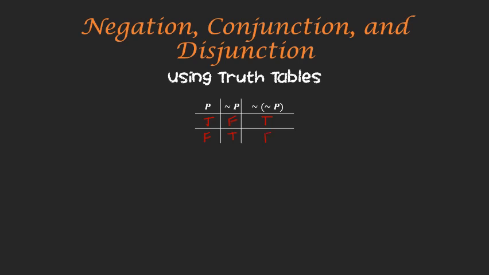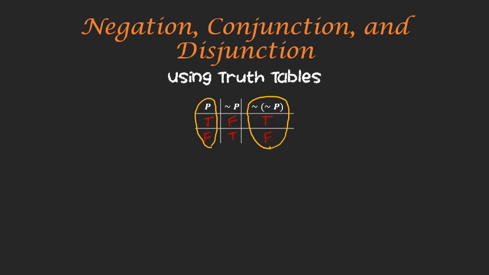So notice here that we did these two operations. We negated it twice. And the big thing to notice is that this column and this column are exactly the same. So it's saying that these two statements share the same truth value for all possible combinations of the component statement. And so in this case, we would say that those statements are equivalent.